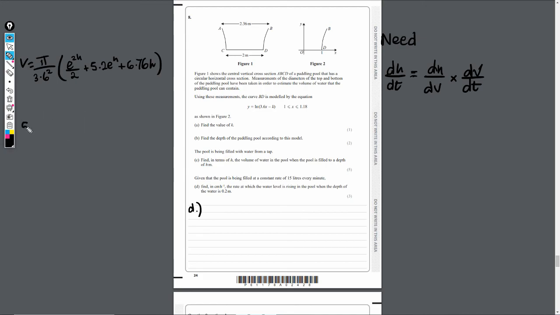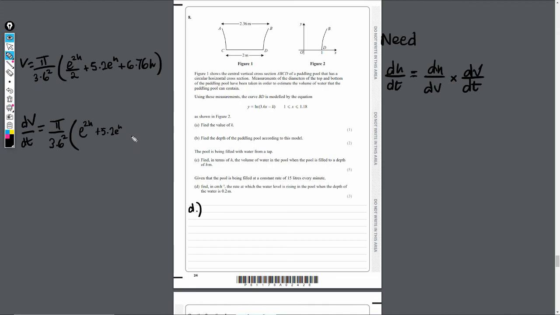So dV by dh, what will this be? Well, if I differentiate this, that's going to be pi over 3.6 squared, like usual, on the outside here. This is going to be times e to the 2h now, so e to the 2h. This will be 5.2 e to the h, nothing will change with that.